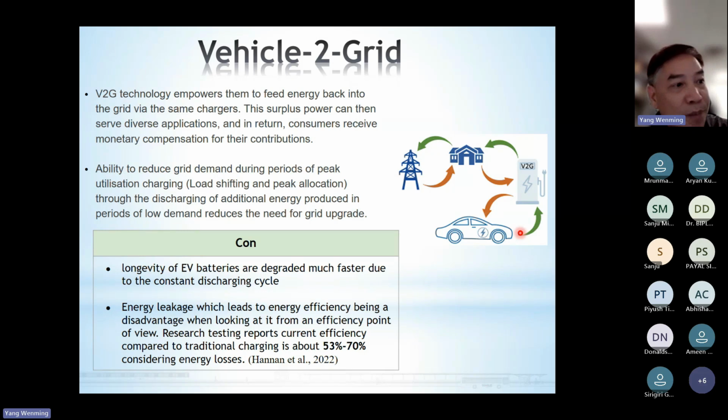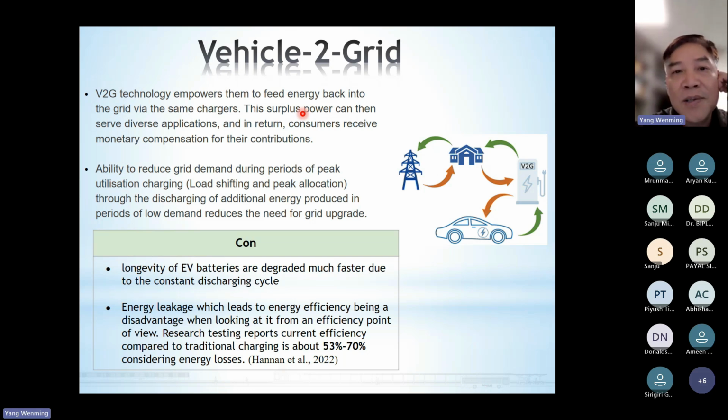The last one I want to share with you is vehicle to grid. Vehicle to grid technology empowers vehicles to feed energy back into the grid via the same chargers. Because after you drive the car to a certain position and come back, you notice that the battery system is still very full.